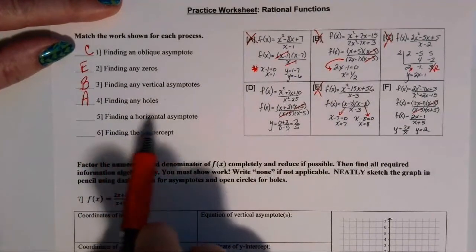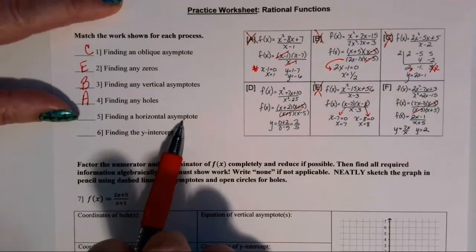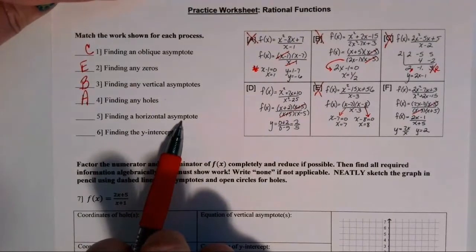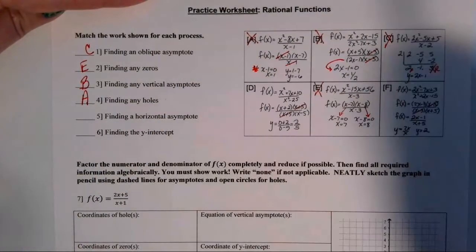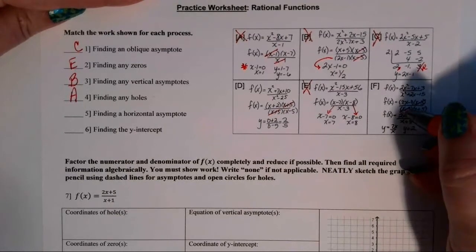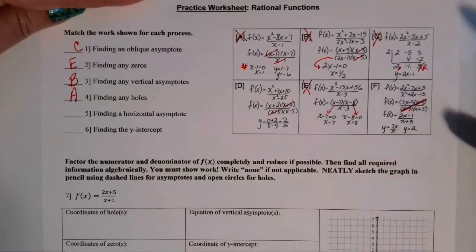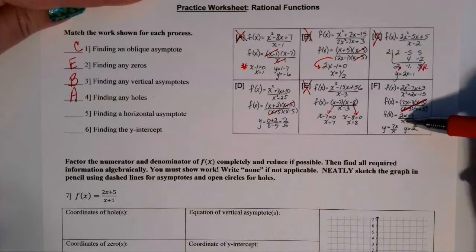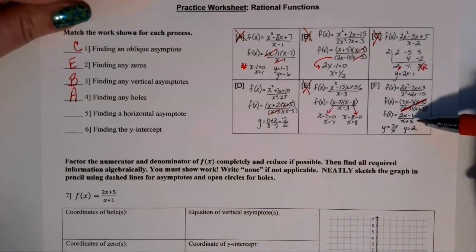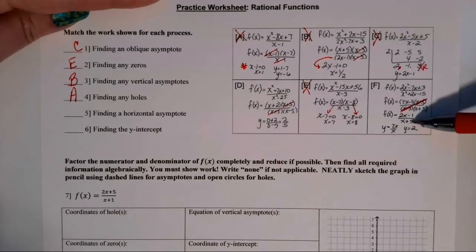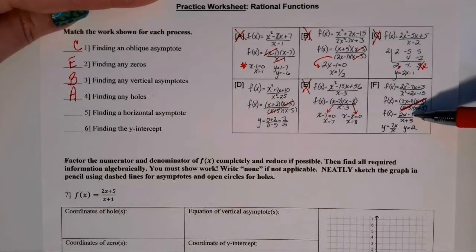Okay, then number five, finding a horizontal asymptote. So to find a horizontal asymptote, we would cancel the common factors here, and then we're left with 2x minus 1 over x plus 5. And then you would do either long division, synthetic division, or remember from the acronym in the notes, Bobo Batten eats DC, if the exponents are the same, right, you divide the coefficients.